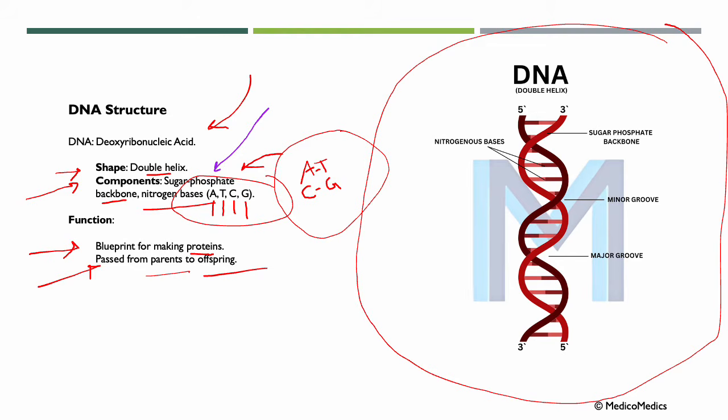And the nitrogenous bases are the variable components of the nucleotides. And these include the 4 types mentioned here: adenine, thymine, cytosine, and guanine. And these bases, as we just mentioned, encode the genetic information through specific pairings.